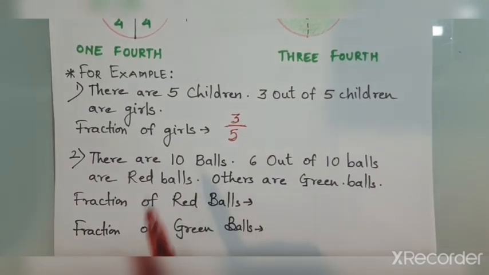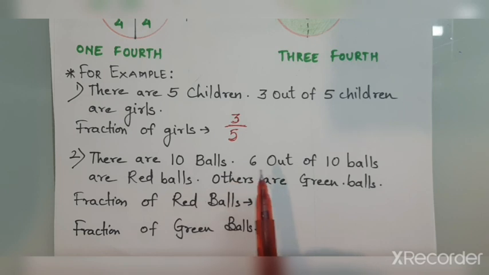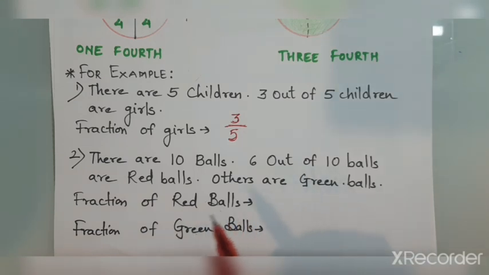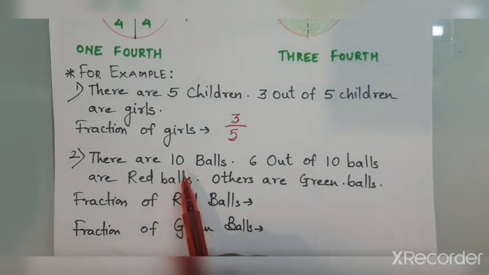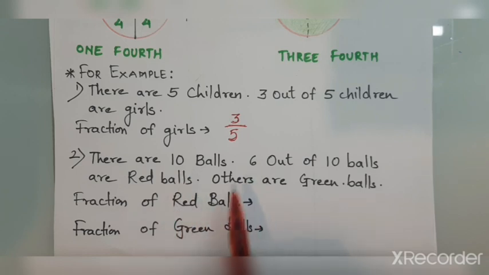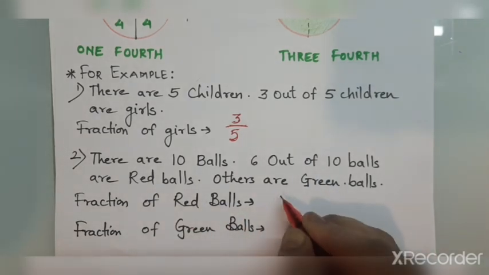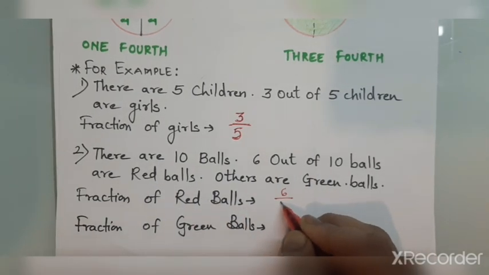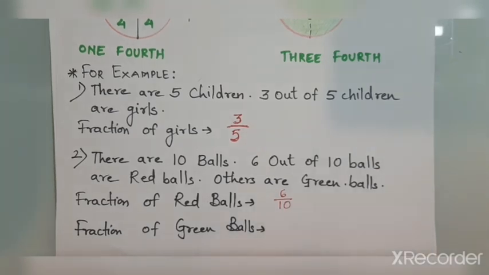There's another simple example here. If there are 10 balls, 6 out of 10 balls are red balls and the others are green balls. Then we have to write the fraction of red balls and the fraction of green balls. How many are total balls? There are total 10 balls. Out of that, 6 balls are red.